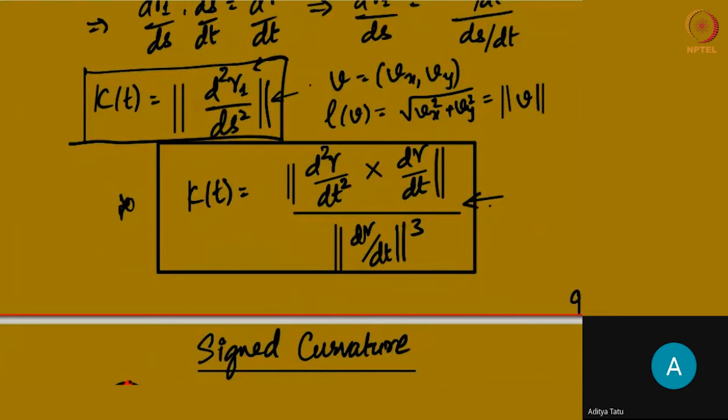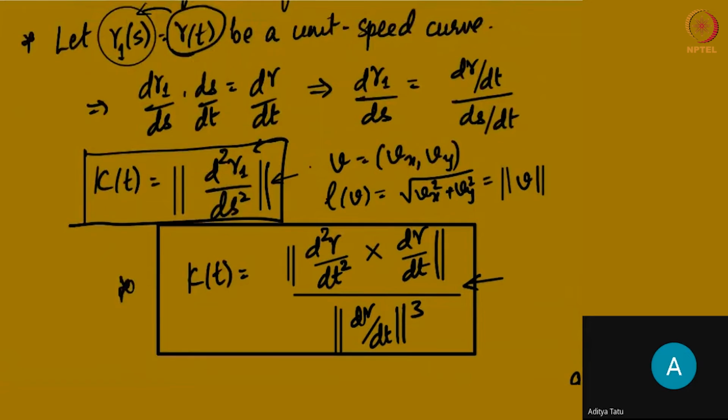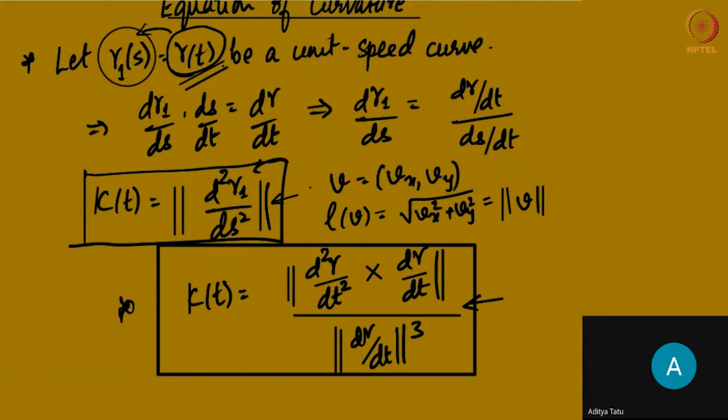The acceleration vector on the right hand side is with respect to the original description, which may not be a unit speed description. So using this new description, we can compute the curvature of a curve which is described using a non-unit speed curve.